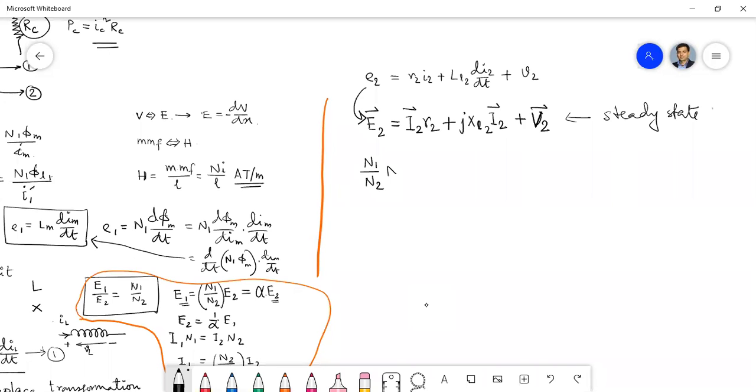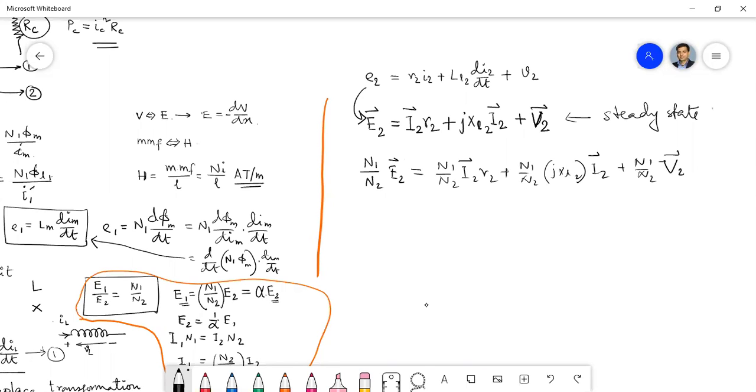So I am multiplying both sides by N1 by N2.